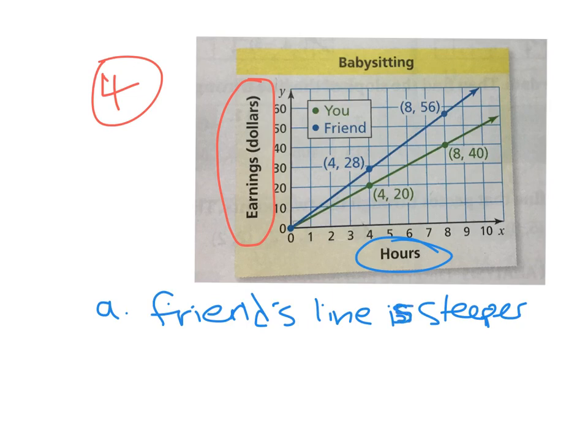Friend's line is steeper, so what does that mean when it talks about dollars per hour? Because remember the Y line is dollars, where the X line is hours. So if he has a steeper line compared to mine, what does that mean with his paycheck? He gets more money. He's getting more money per hour, right? Gets more money per hour.